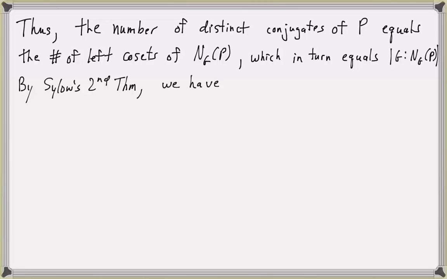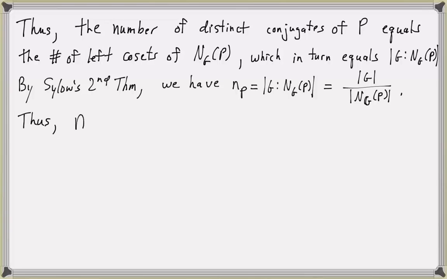We now have that the number of Sylow P subgroups must equal the index of the normalizer of P in G, which equals the order of G divided by the order of the normalizer. And from this equation, we see that the number of Sylow P subgroups divides the order of G.